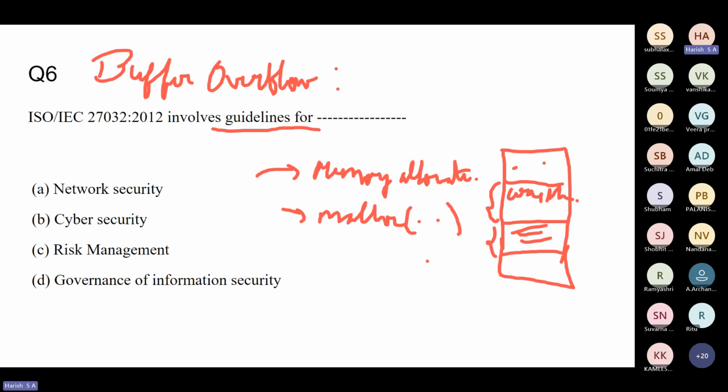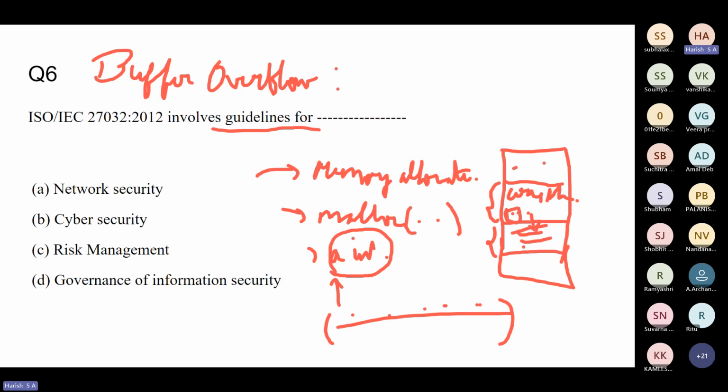Now the question is, if the input to one of these variables, let's say we are taking in an input A, which is an int variable or something. But if the attacker gives more than what is required for this input, a huge input, what happens is the input tends to overflow from this memory space to another memory space.